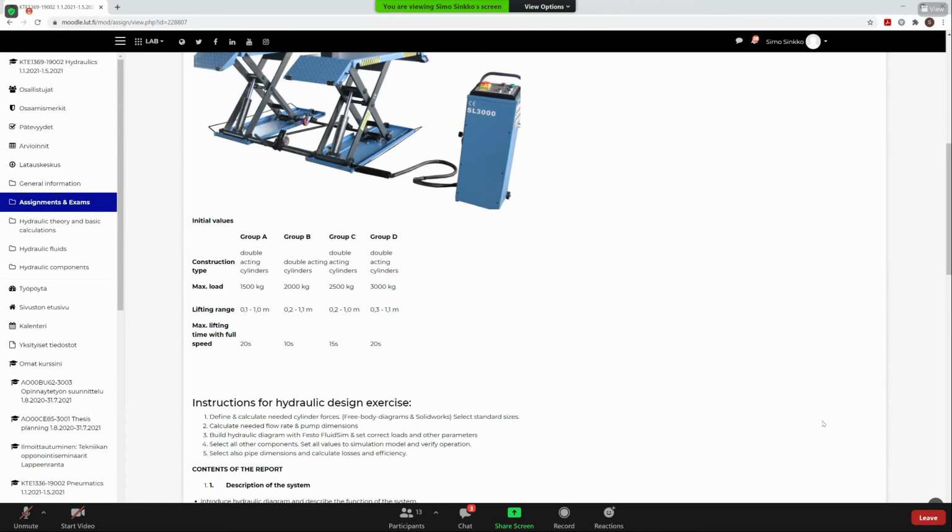But I think that these first calculations you can, of course, if you know how to deal with buckling, you can go on already. But I think the first calculations, it's just the basic dimensioning of the cylinder. The buckling calculation is more about dimensioning the rod.